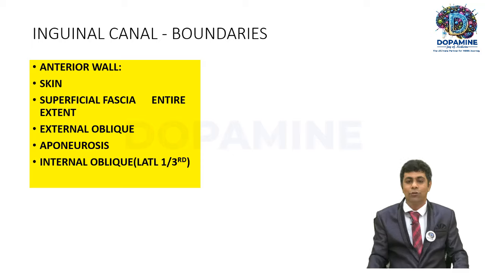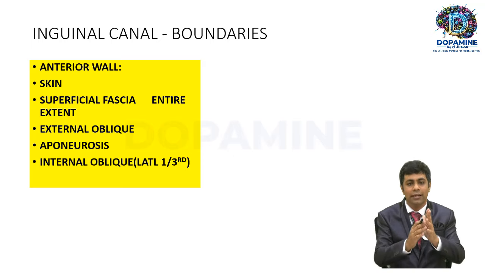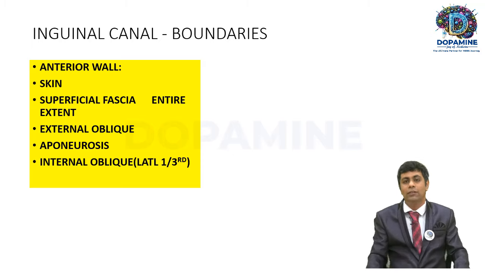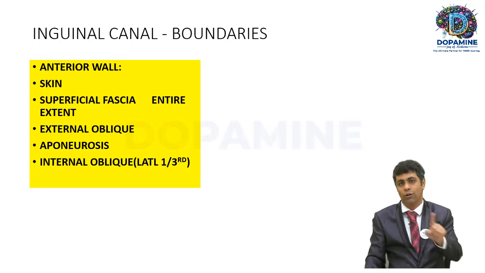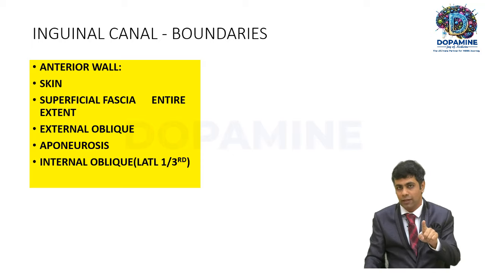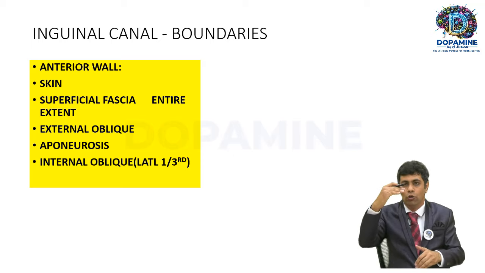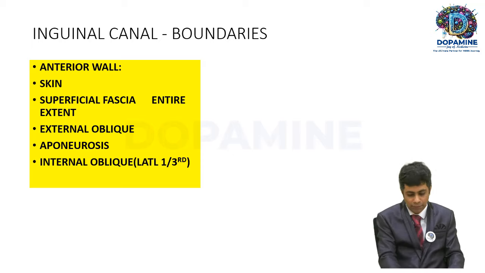Once again, let me highlight the boundaries. The anterior wall: skin, superficial fascia, external oblique muscle, and lateral 1/3 of internal oblique muscle. As I already told you, the internal oblique muscle contributes to anterior wall, roof, and the posterior wall. Clear?